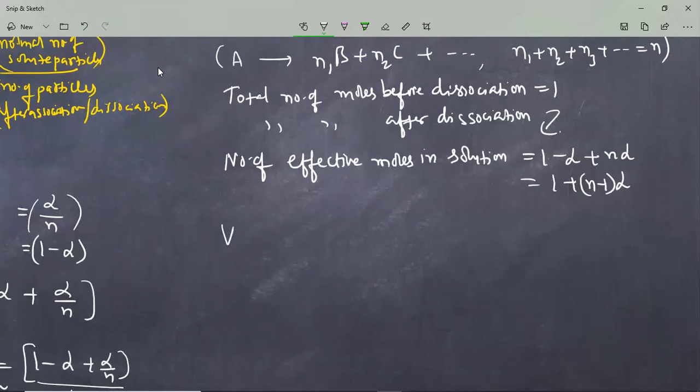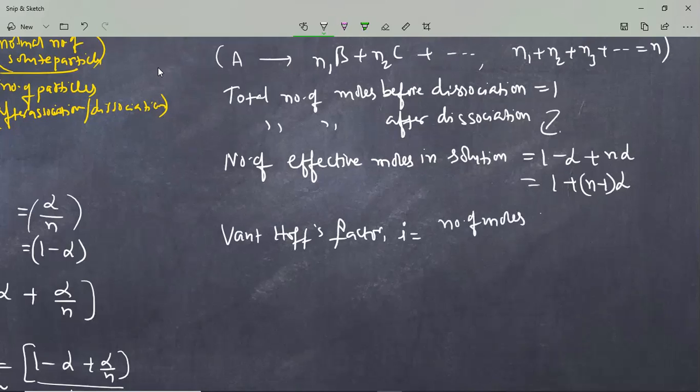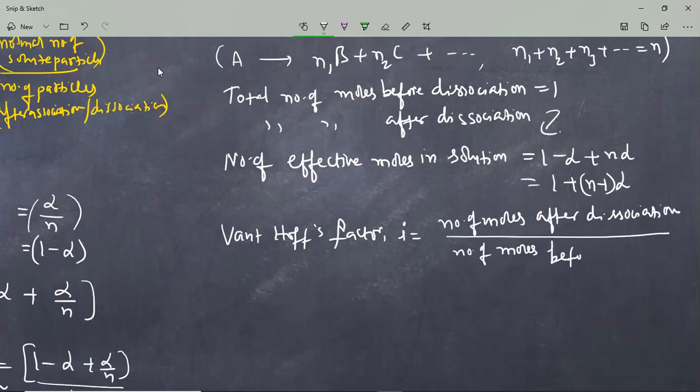Now, what is the Van 't Hoff factor? Formula. The Van 't Hoff factor i is equal to the total number of moles after dissociation divided by the total number of moles before dissociation.